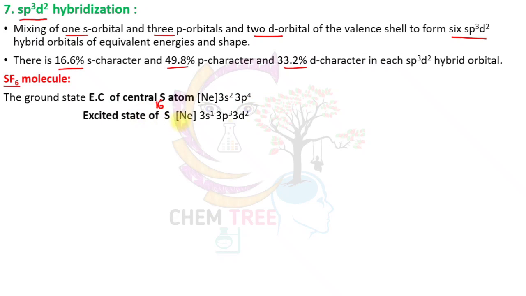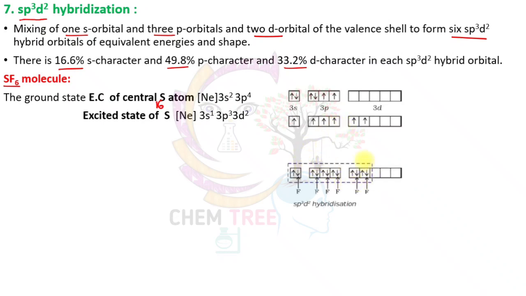When sulfur is excited, the electrons in the 3s2 and 3p4 orbitals are excited to 3d orbitals, and these orbitals are intermixed and form 6 sp3d2 hybrid orbitals. These 6 sp3d2 hybrid orbitals overlap with orbitals of fluorine to form 6 S-F sigma bonds.